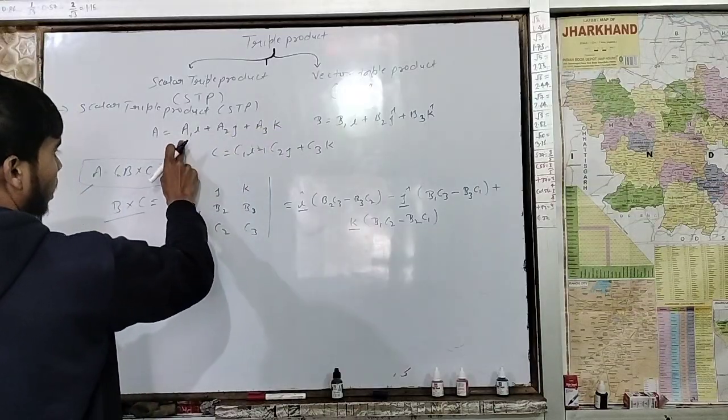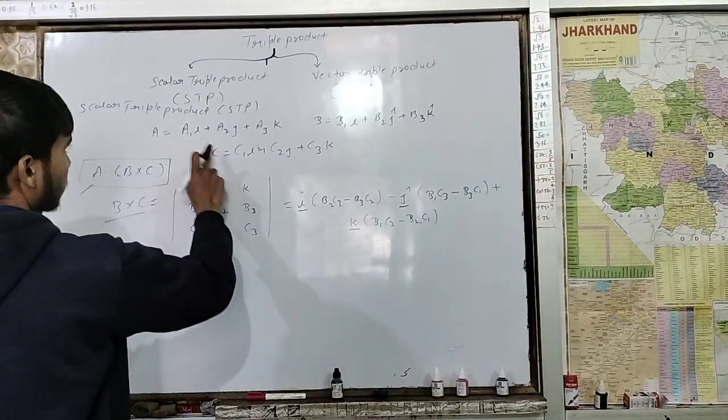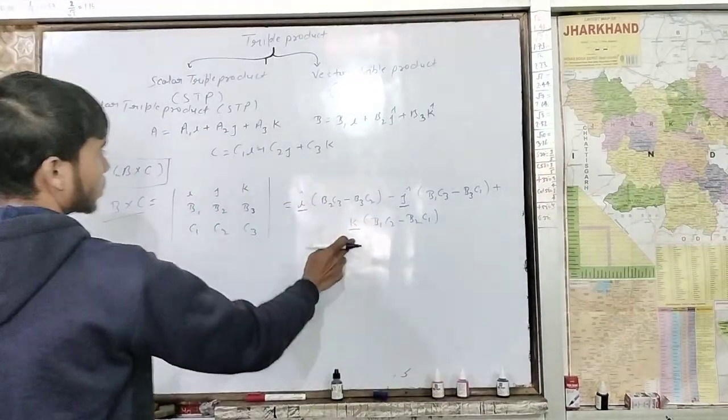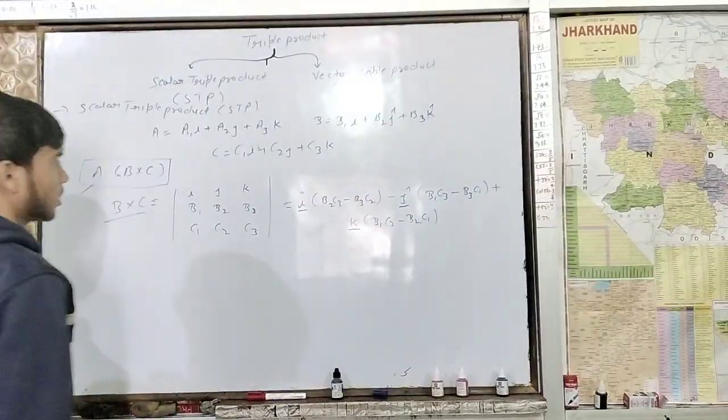In place of i we have a1, in place of j we have a2, in place of k we have a3.